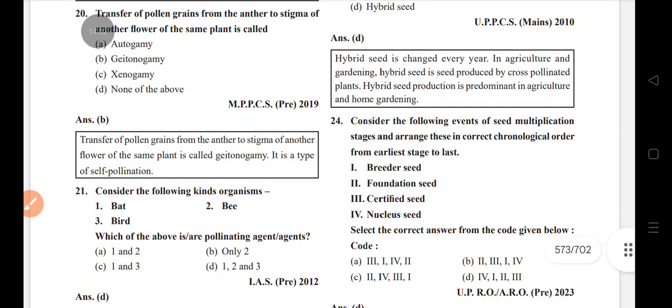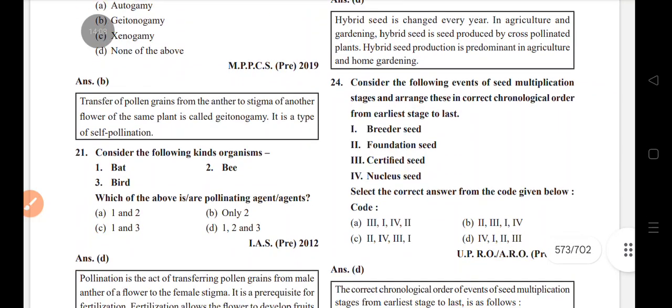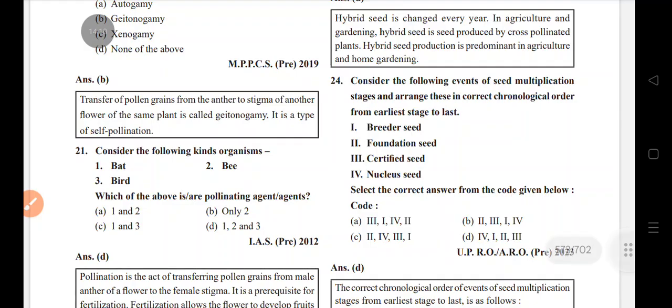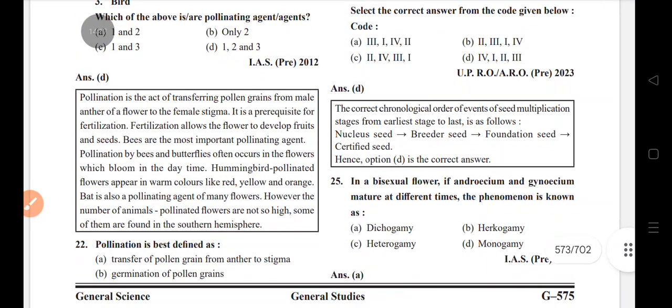Consider the following seed multiplication stages and arrange them in correct chronological order from earliest to last: nucleus seed, breeder seed, foundation seed, certified seed. In a bisexual flower, when androecium and gynoecium mature at different times, the phenomenon is known as dichogamy.